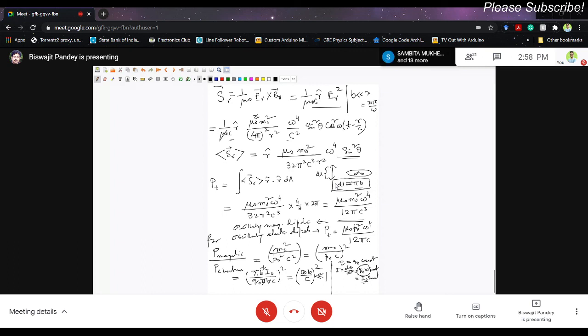That means if we take the ratio between the power radiated by an oscillating magnetic dipole and an oscillating electric dipole, that ratio will be much smaller than 1. What that implies is that the magnetic dipole radiation will be negligible as compared to the electric dipole radiation.